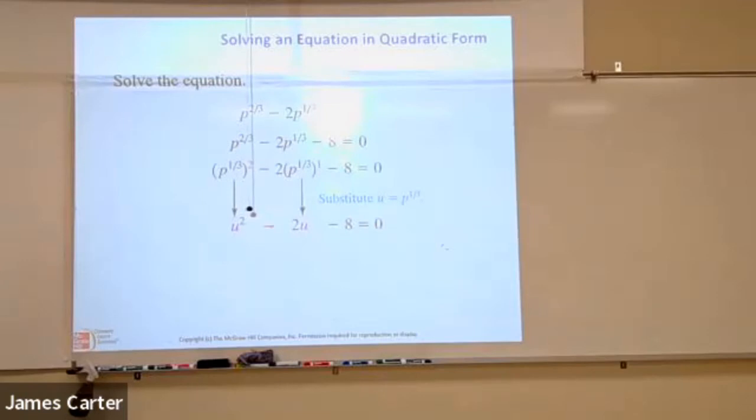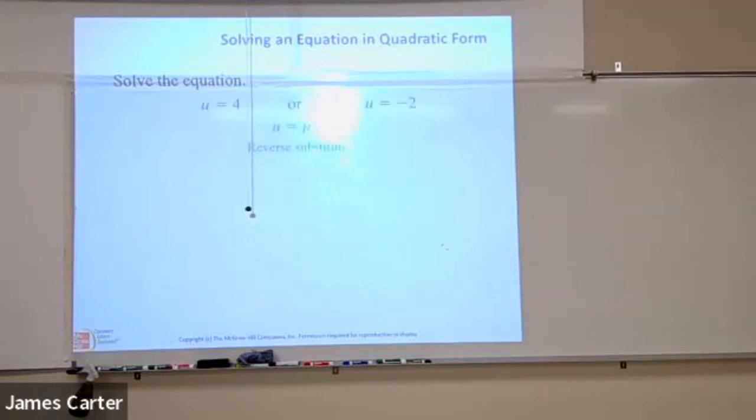The 4 is the negative one in the factoring if you factored it. Those 2 values in turn give you that for the u's. But we're not done. We got to substitute this back in.